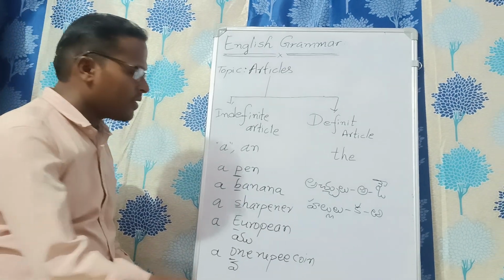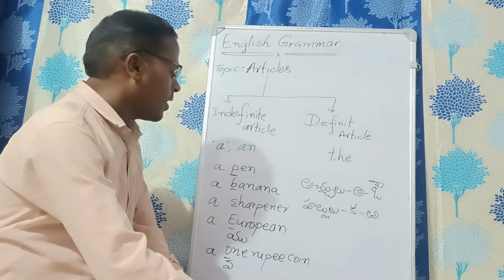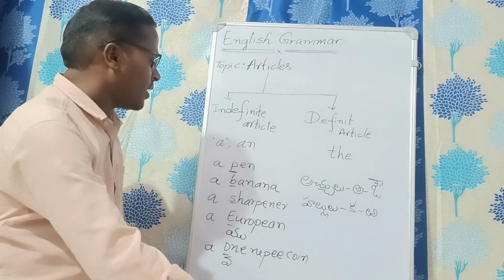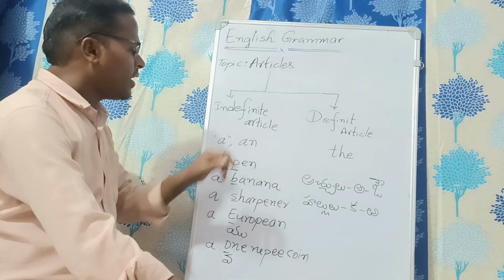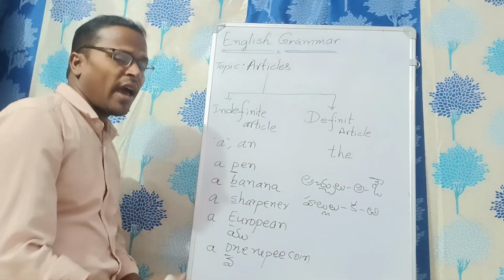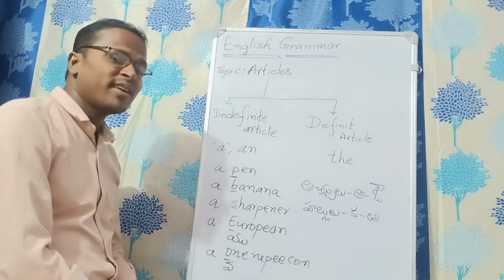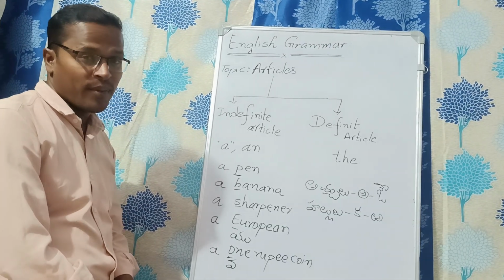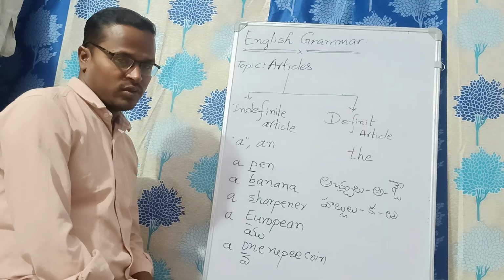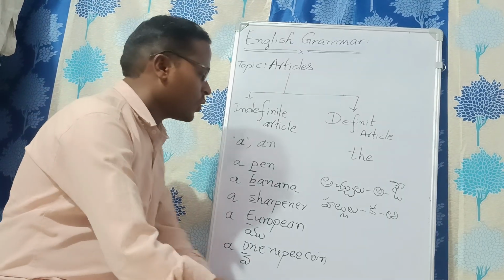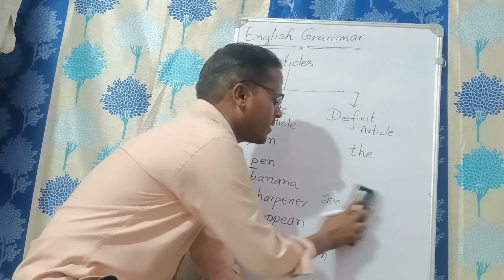Let us discuss the article "an". As I said, "an" is a little bit different. "An" is also used before singular common nouns, but beginning with vowel sounds. I think you have understood what I said.